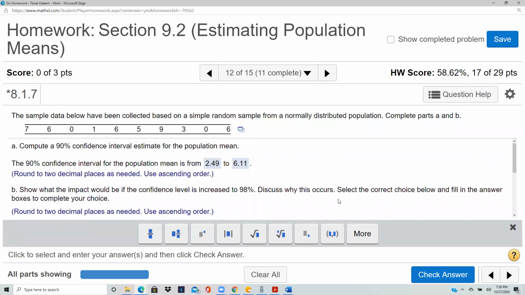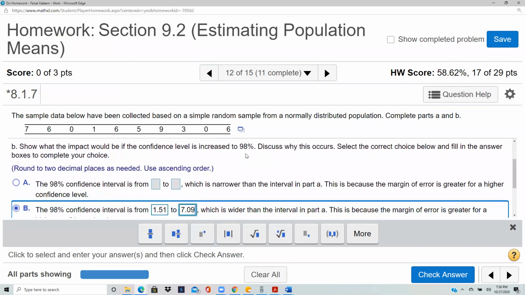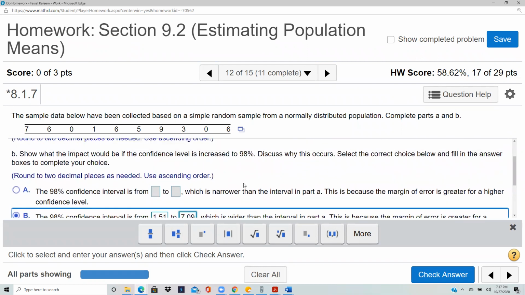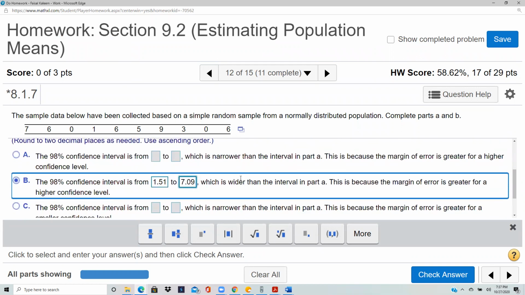Because the original one started at 2.5 and finished at 6.1. So this one starts earlier, at 1.5, and it finishes later. So it starts earlier and finishes later, so it's wider at both ends. It's a bigger length of interval than this one. And the reason is that the margin of error is greater with higher confidence.